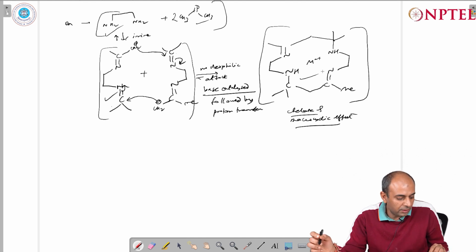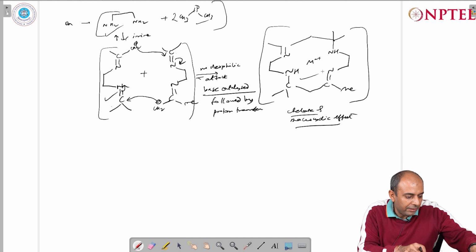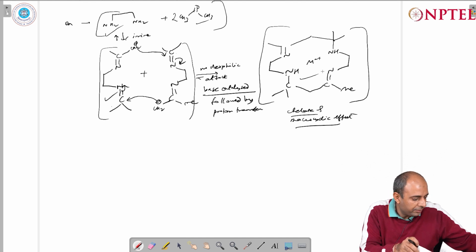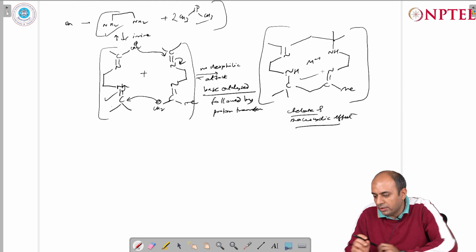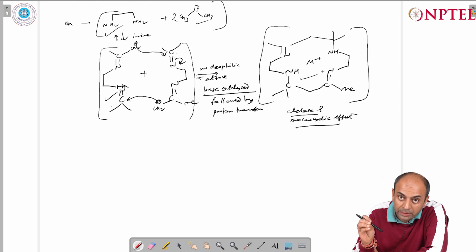And keeping this in mind, people have further explored this thermodynamic template effect to make different kinds of metal macrocycles, either containing the metal or without the metal. Depending upon the size of the metal ion, we can now achieve macrocycles of larger sizes as well.